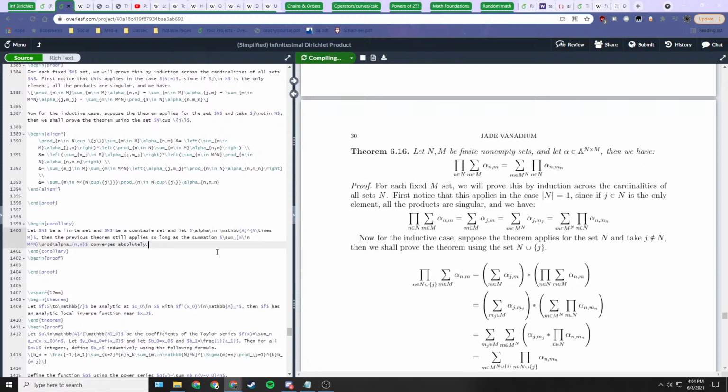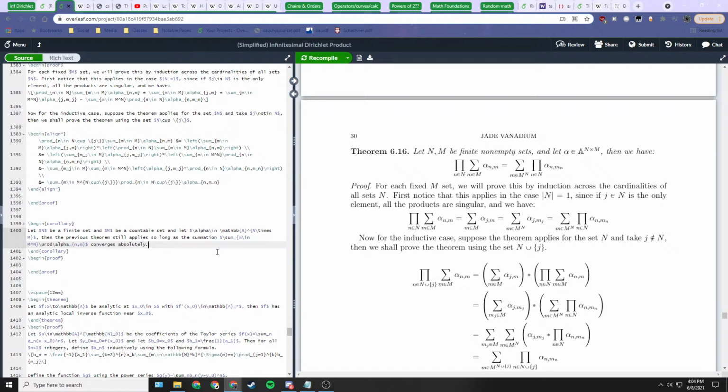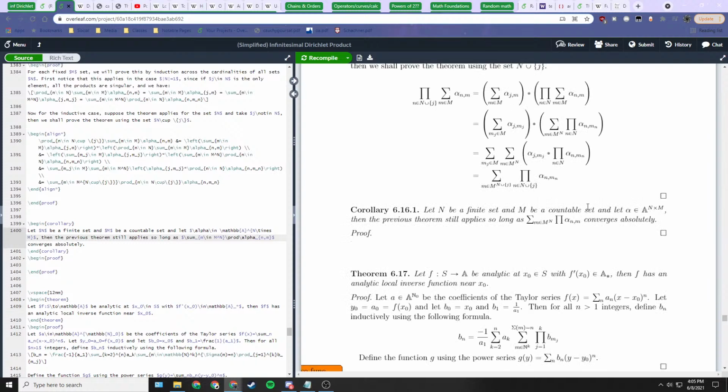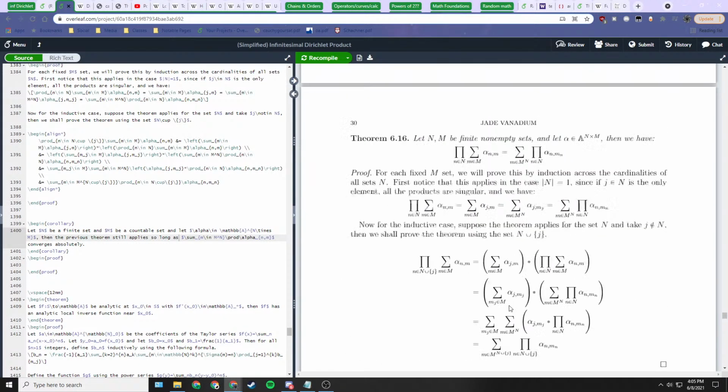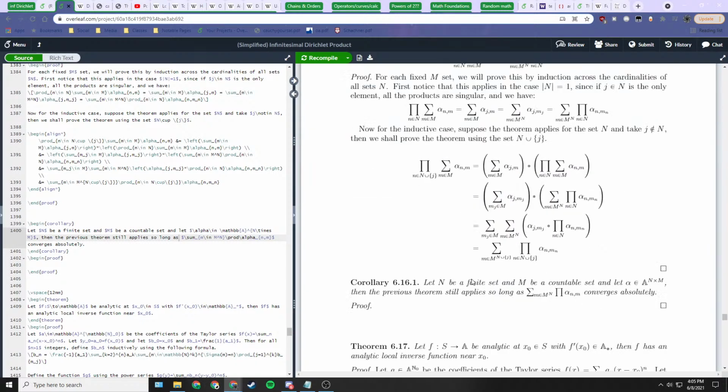Okay, so we'll frame it like this. So we'll say let n be a finite set and m be a countable set. So this is an improvement. So before we only had finite non-empty sets.